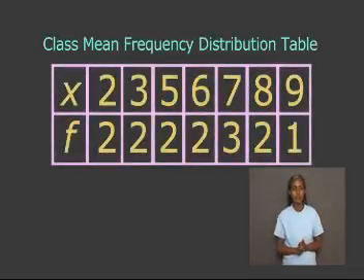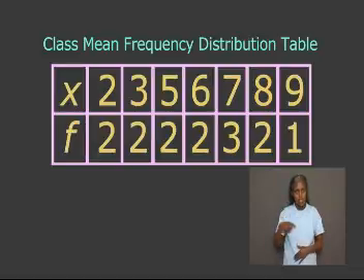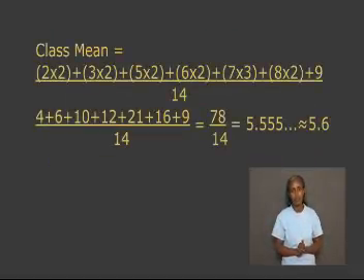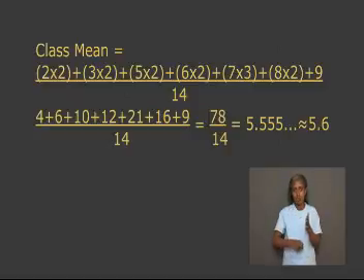To find the class mean, first we draw a frequency distribution table. Your table should appear like this one, with the age along the top and the frequency along the bottom. The mean score for the entire class is about 5.6.